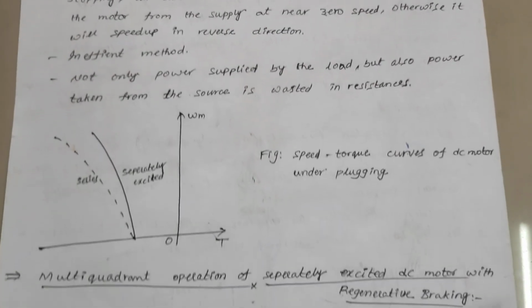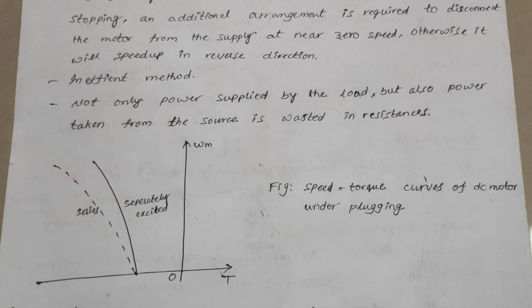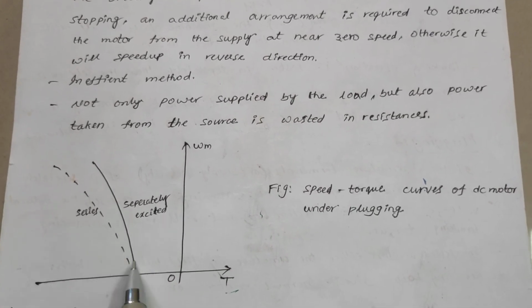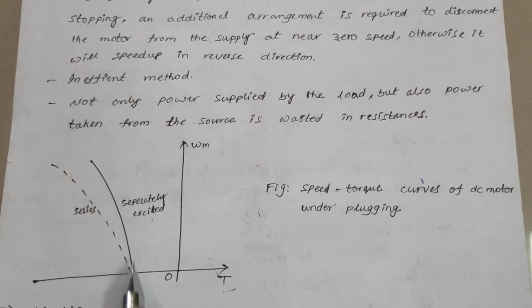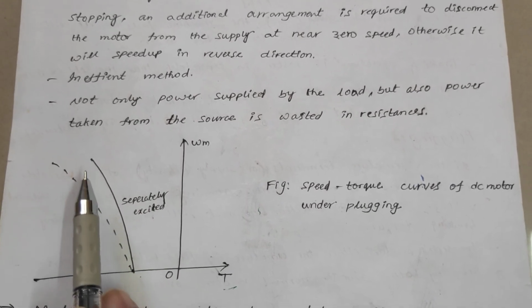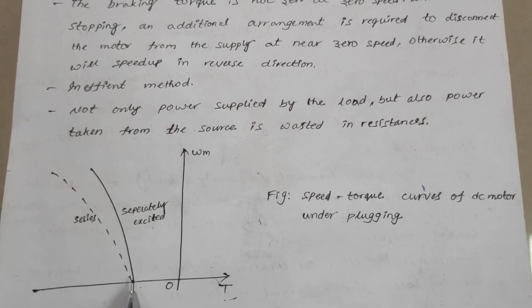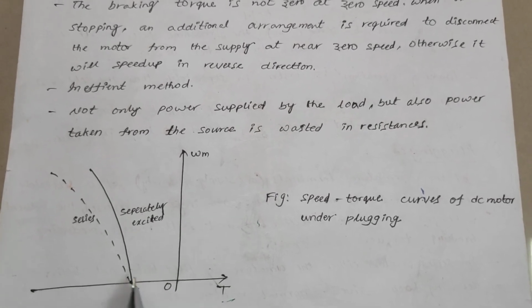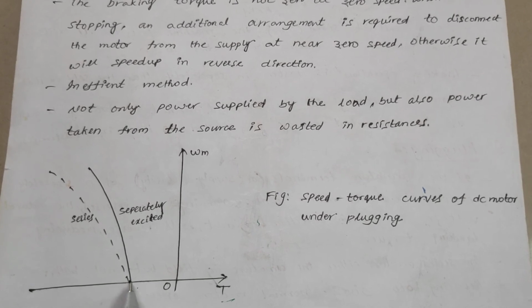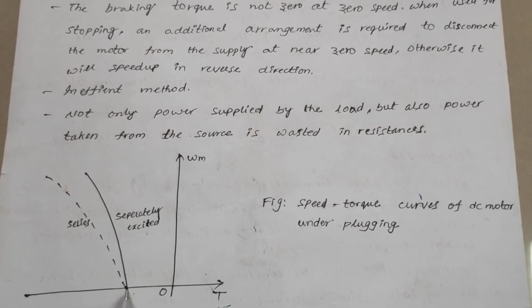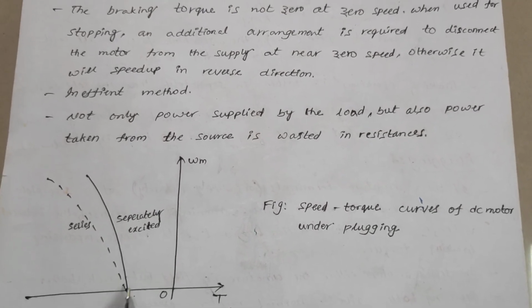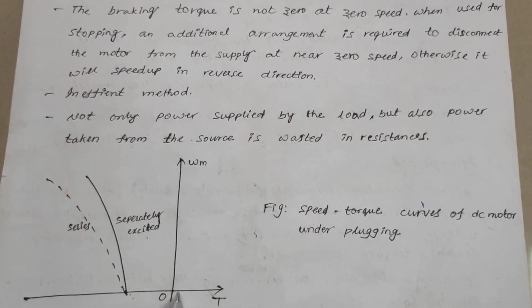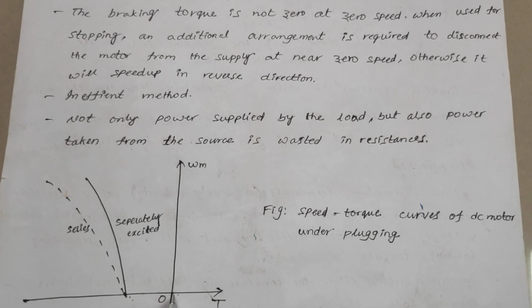If you see the speed versus torque characteristics, for series motor with dotted line, separately excited motor with solid line, your speed torque characteristic shows that your torque is not equal to 0 when speed equals 0. We need to bring this torque to 0 from this minimum torque point by making some additional arrangement.